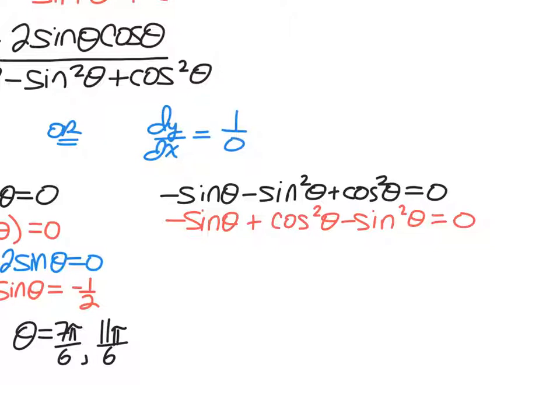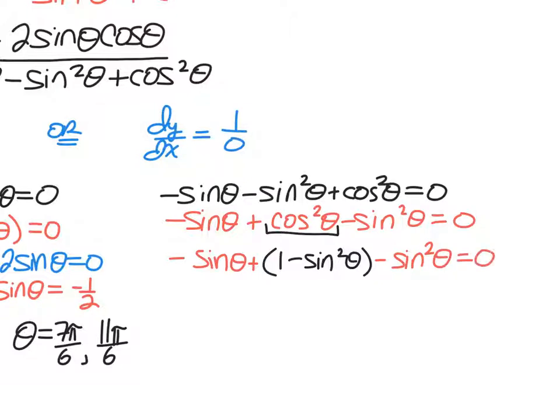The other would be a simple substitution, which I think is probably more universally accepted. Cosine squared theta is 1 minus sine squared theta, a little offshoot of the Pythagorean identity. Cosine squared theta plus sine squared theta is equal to 1. If you solve it for cosine squared theta, you get this.